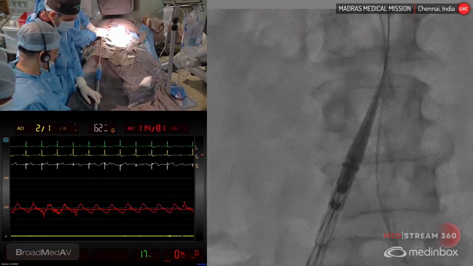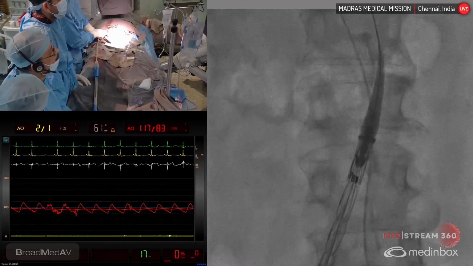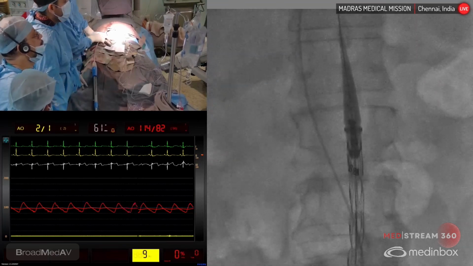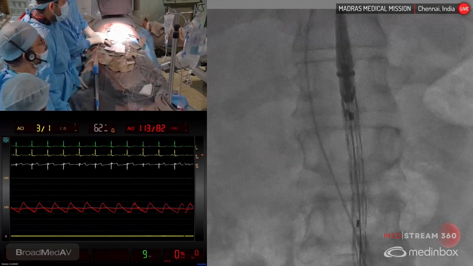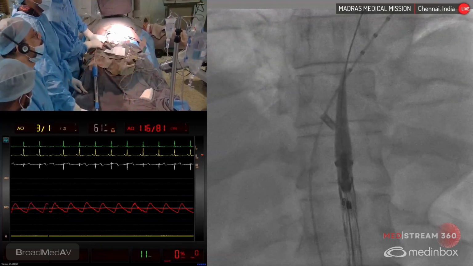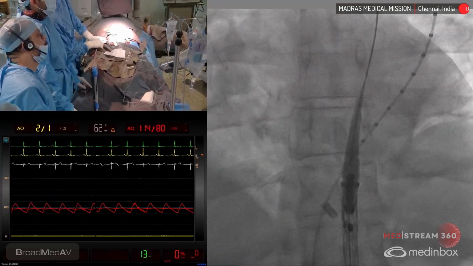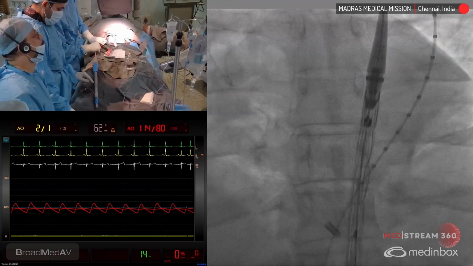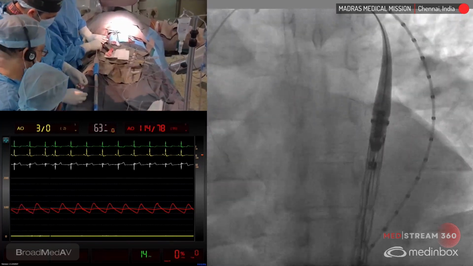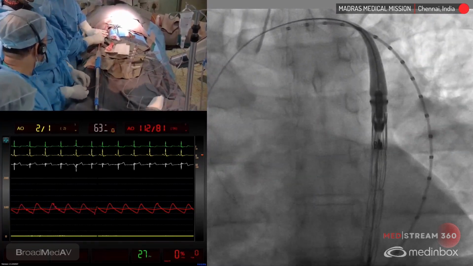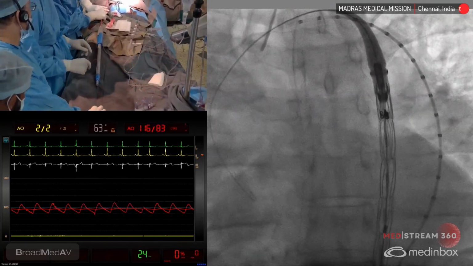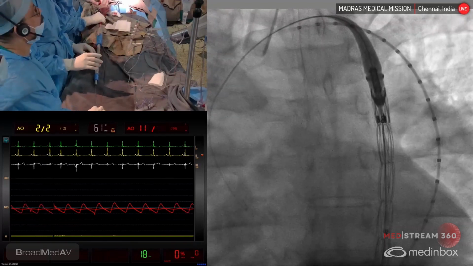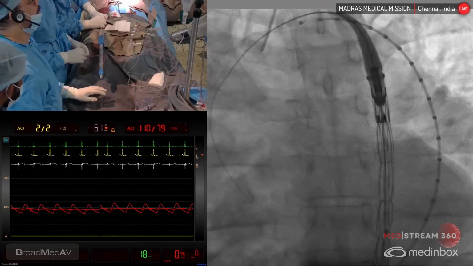Just track the dilator tip. Track the dilator. Is that okay? Yeah.